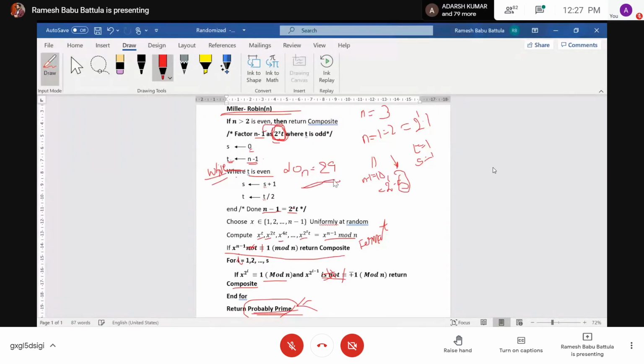Solve the problem and let me know whether n equal to 29 is a prime or not.